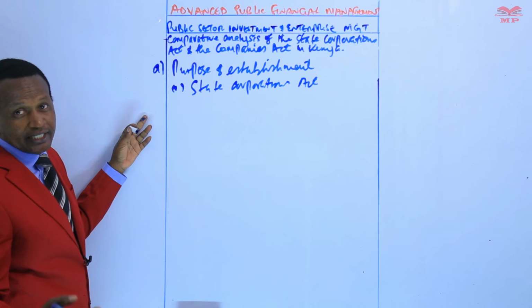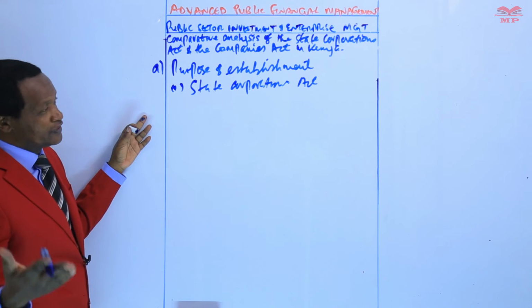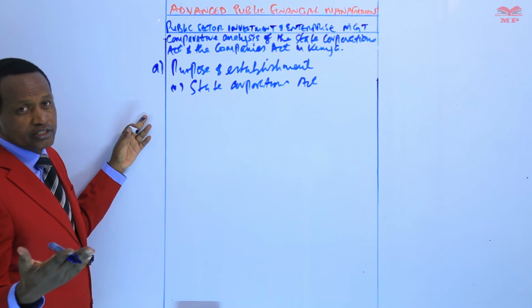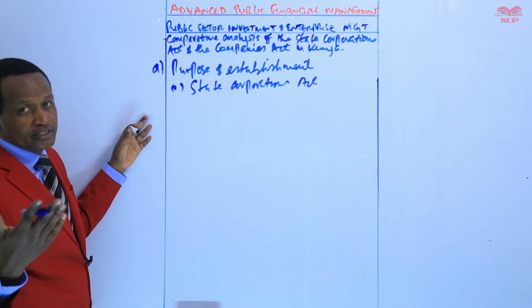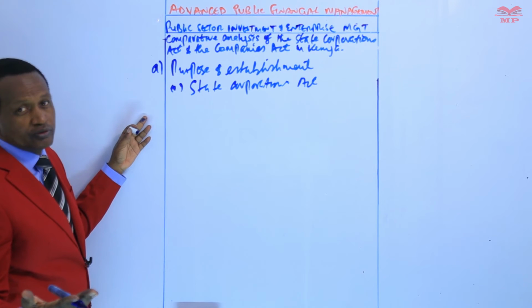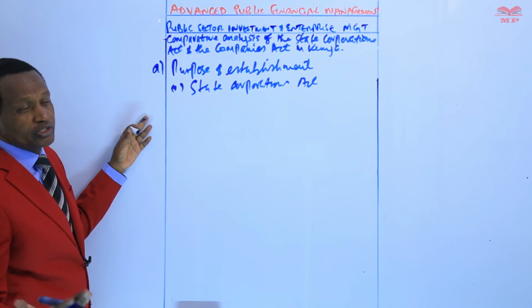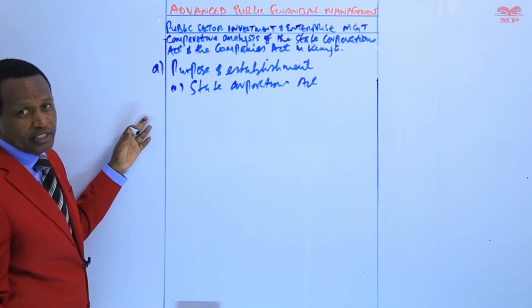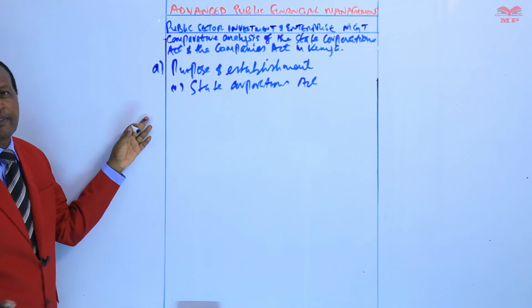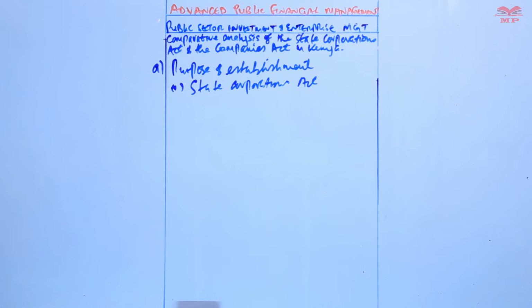Now, the Act is specifically designed to provide a legal framework for the establishment, the control, and regulation of state corporations. And these entities are typically created to perform specific functions of strategic, commercial, or service delivery nature on behalf of the government, often with a public interest mandate.